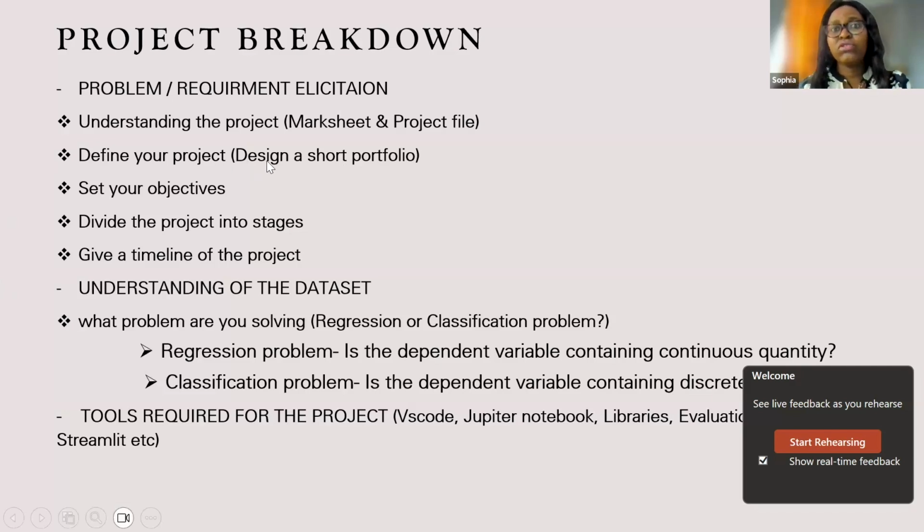In this way, you need to design a short portfolio, having at the back of your mind a company you want to design this project for. And then you set your objectives, and you divide the project into stages.